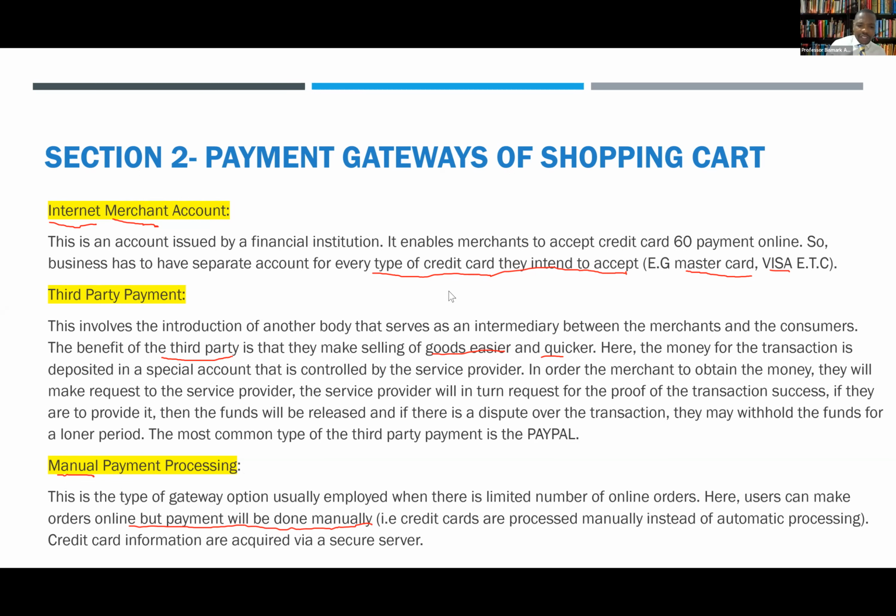Credit card information is acquired via secure server, but then they still process it manually. These are the different types of payment gateways that are available for consumers to use and choose from. And then depending on the type of business you have, you get to determine the good and the bad and the processing of it.